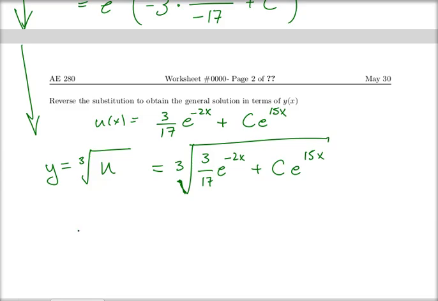If we had an initial condition, y of 0 given, we might say that it's going to be equal to the cube root of 3 over 17 times 1 plus c.